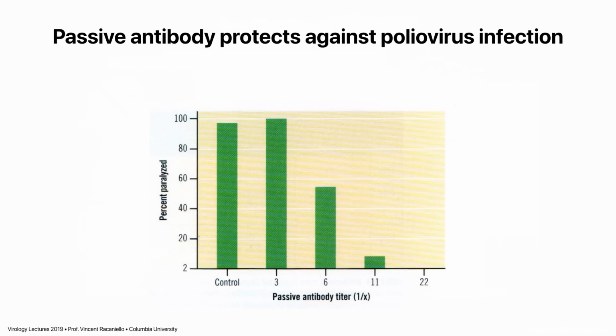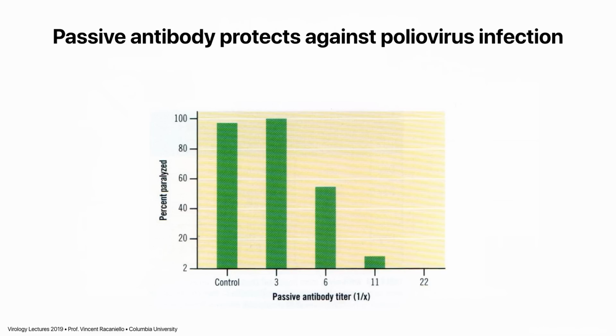And then here we are putting increasing amounts of serum from the immunized animals into these at the time of inoculation with the virus. So at a titer of 3, all the animals get paralyzed. There's no protection. We increase the titer of antibodies, you get about 50% protection, a little more as we go higher. And then at this concentration of serum, all the animals are protected.